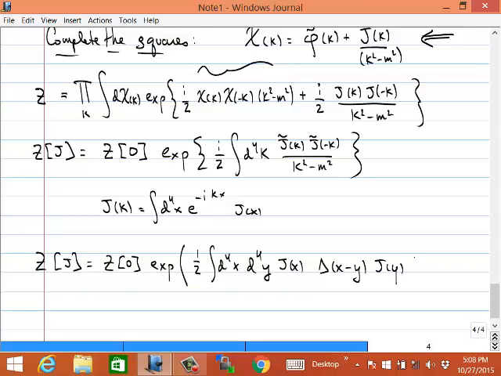times a function of x and y that I'll call delta, or maybe I called it d. I think I called it d earlier. Let's call it d, where what is d?